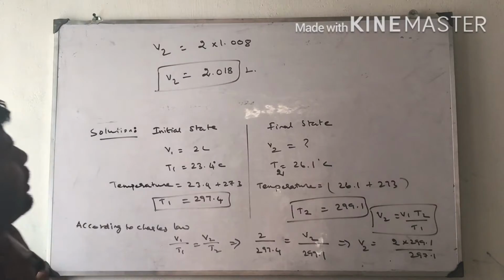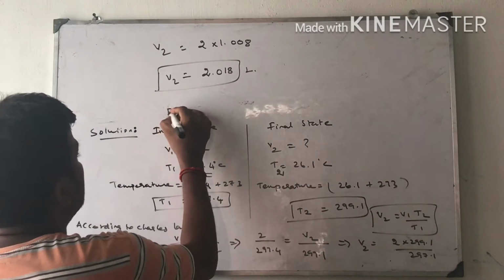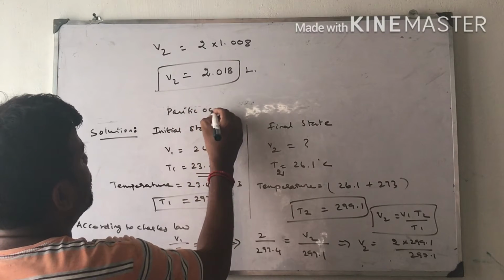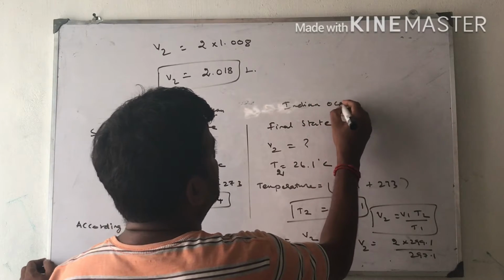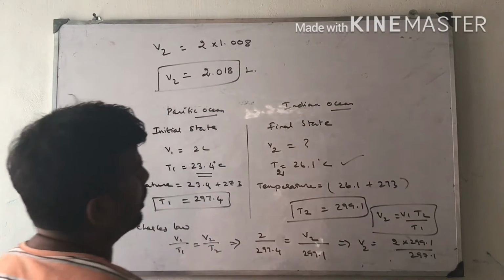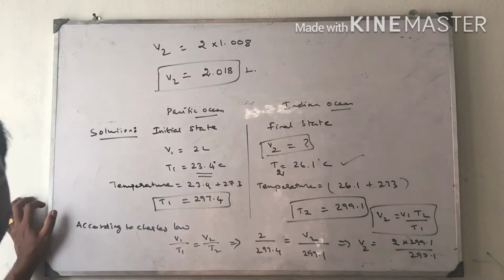So how many liters increase when I am increasing the temperature? In the Indian Ocean the temperature rises to 26 automatically. So how much volume increases? This is the question.